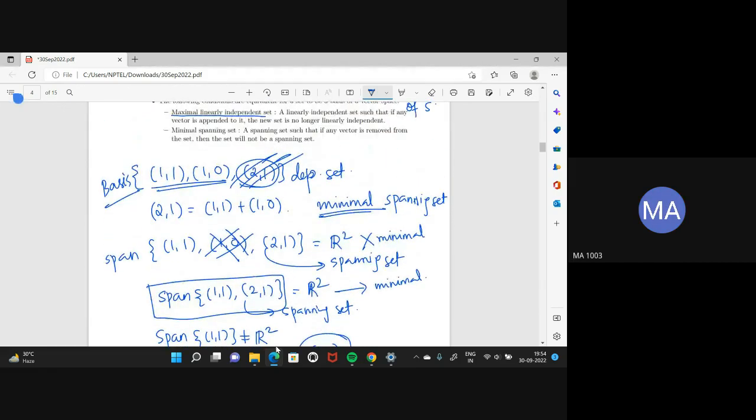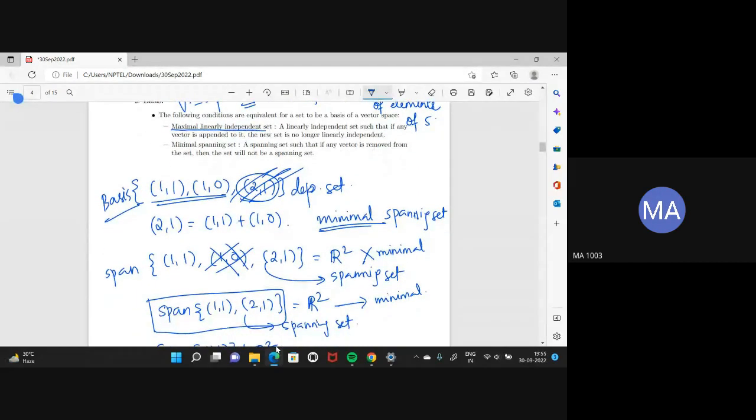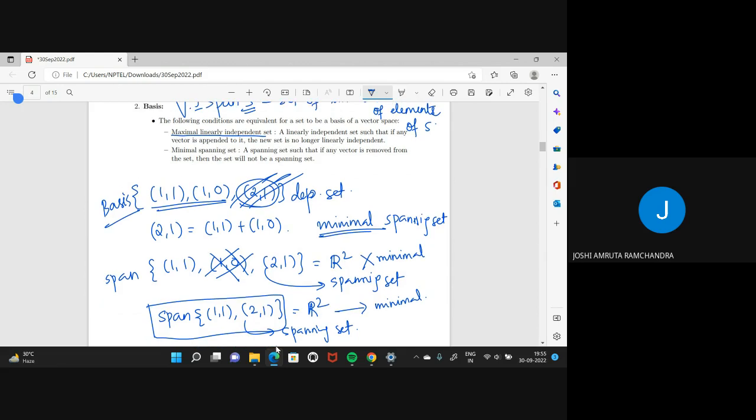Now I am explaining geometrically, so we are not doing that. If we write it down mathematically, we will equate the linear combination to 0 and all that.